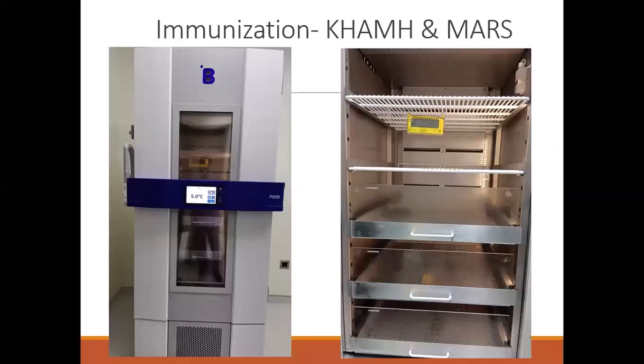If it is not a freezing type, this type of fridge is available here, and we have to use a special type of thermometer that will record for the whole month. This thermometer will also record if the temperature goes outside 2 to 8 degrees. If it is 2, it will record.